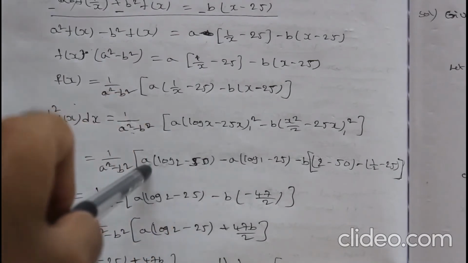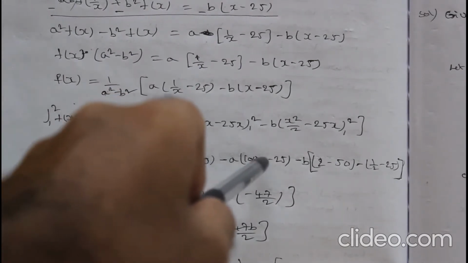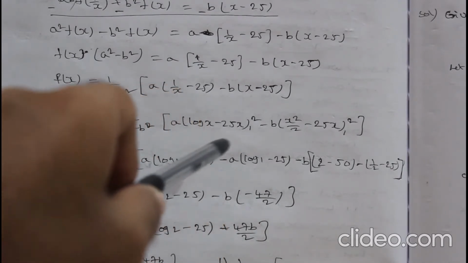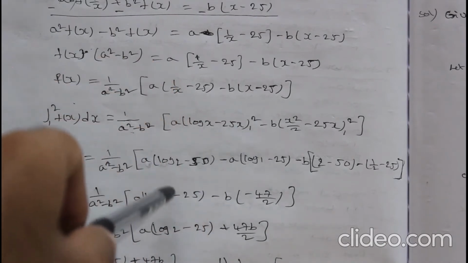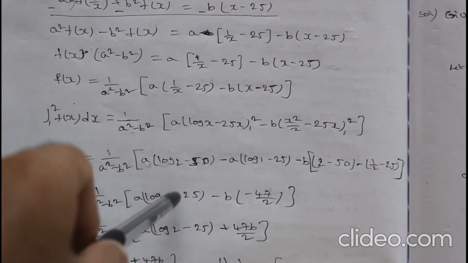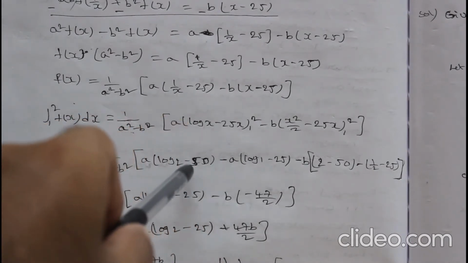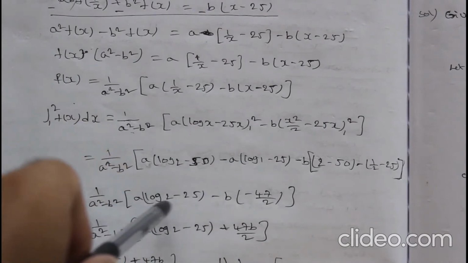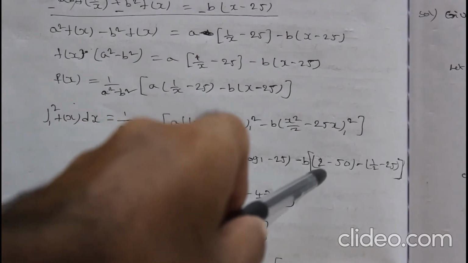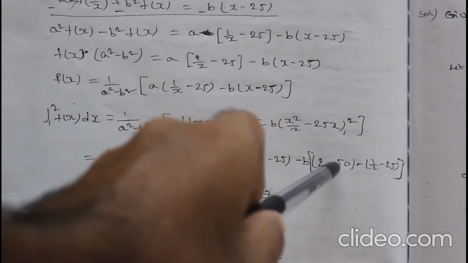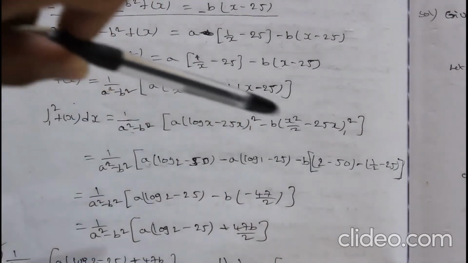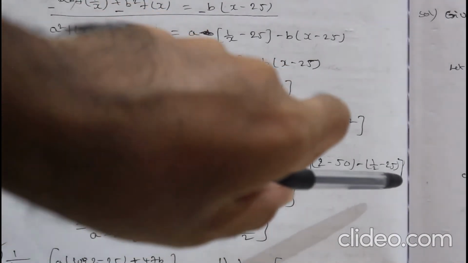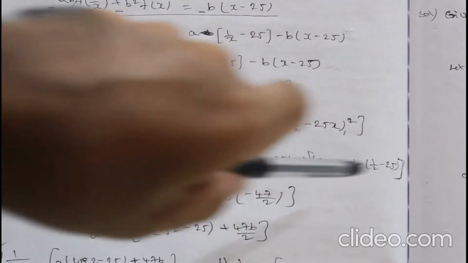See, here a into log 2 is there, here minus a into log 1, so a into log 2 minus log 1, that is nothing but log a minus log b is equal to log a by b, so log 2 by 1 is nothing but directly log 2, and here we got 50 minus 25, so minus 25, so a into log 2 minus 25 minus b into 2 minus 50, that is nothing but minus 48. Okay, 48 and minus 48 plus 25.